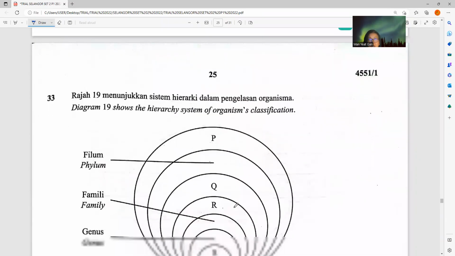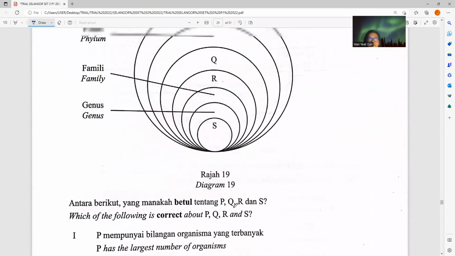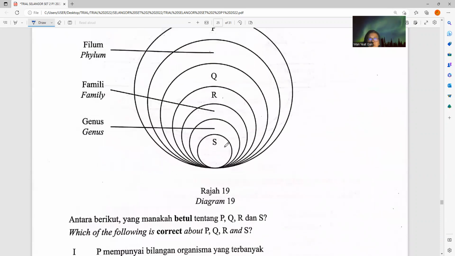Okay, 33. Now, for 33 here, S is species, then genus, family, class, order. This R is order.